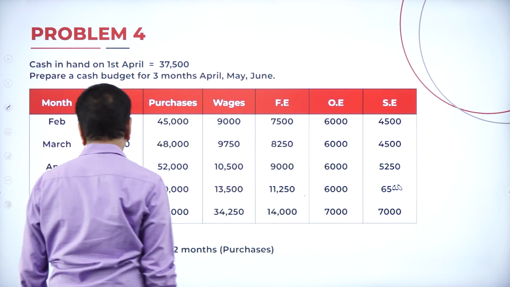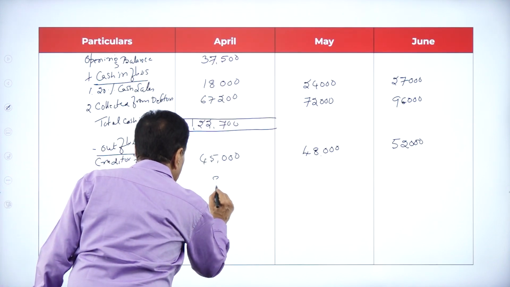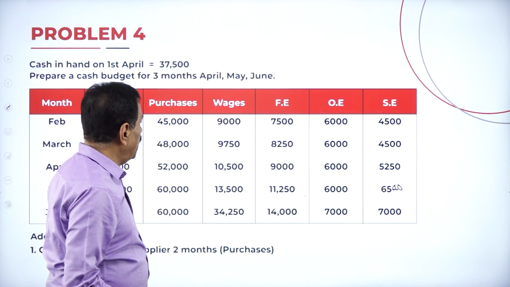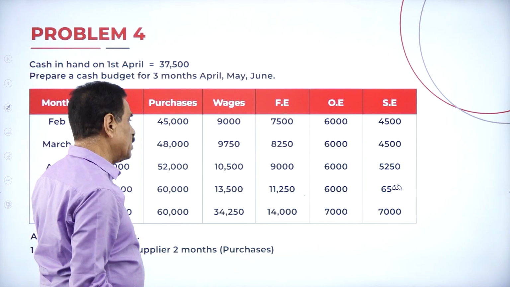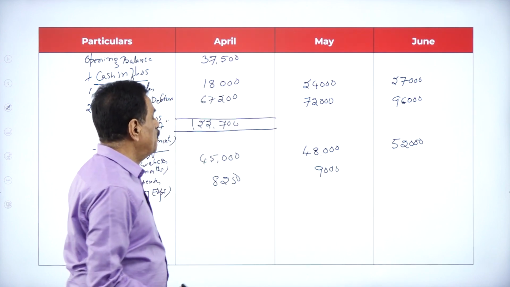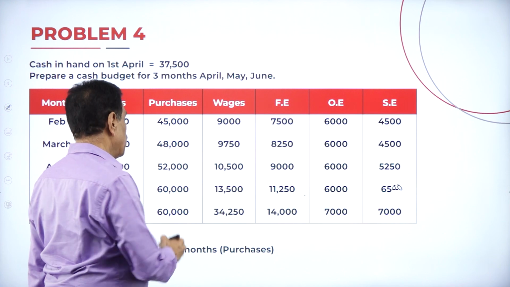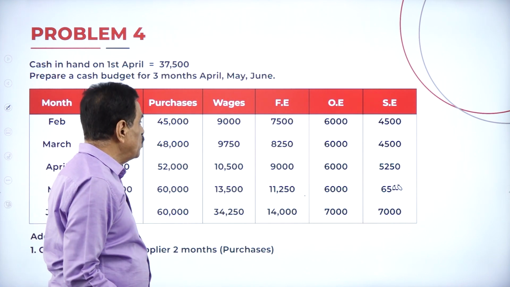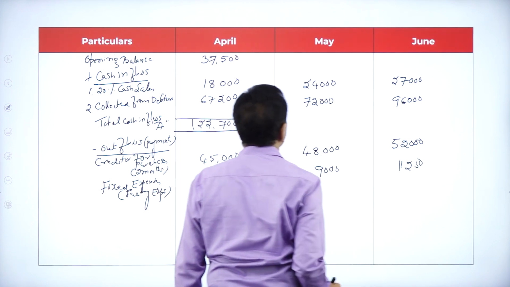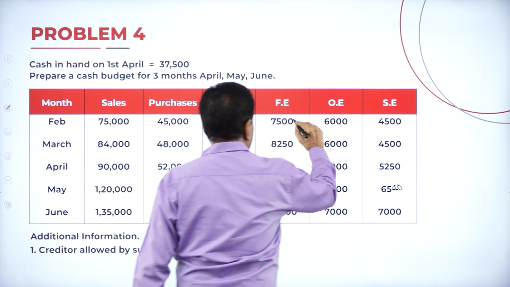What's March? 8,250. This is March and April. April in May, April is how much? 9,000. That is in May. Then May and June. What's your May? 11,250. That is in June. Then one expenditure over.